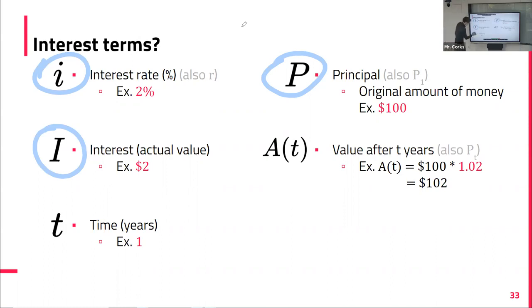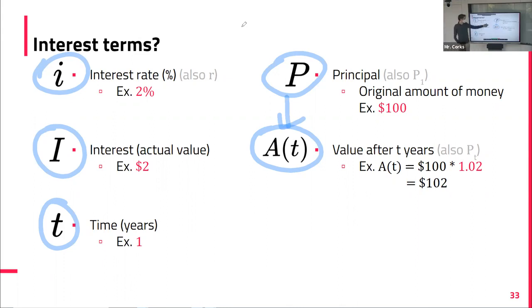T is our time, almost always expressed as years. And then the last thing we'll need, A_t. I'm not sure why A, but lots of textbooks use this, maybe accumulated or something. But this is the value after t years. So the principal is your starting point, and then it grows to this final result.